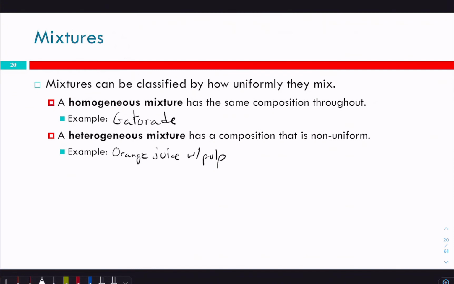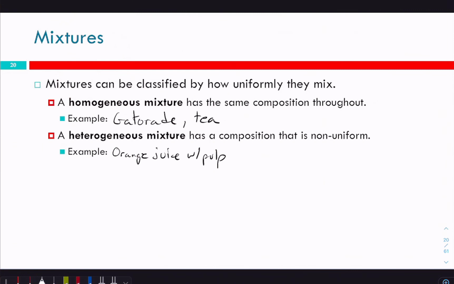Can anybody else come up with an example of a homogeneous mixture? Something where the composition is the same throughout. Tea? Yeah, tea. You might have to specify tea without ice or tea without a lemon in it.